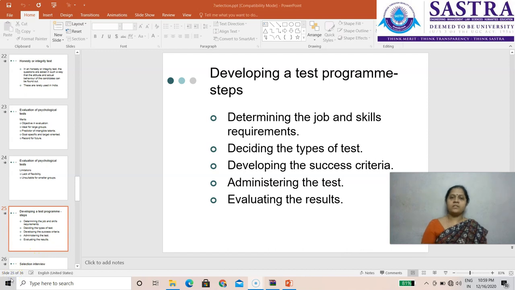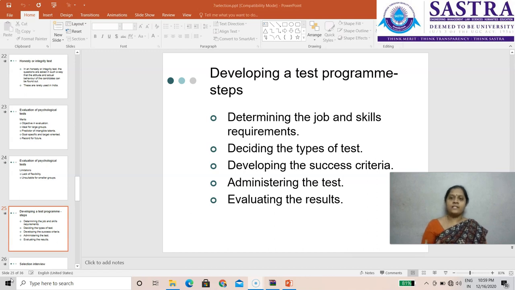After developing the success criteria, administering the test is the next stage. Having decided the human traits to be measured, the type of tests and the success criteria, the next step is to administer the test to the candidate. The candidates may be outsiders seeking employment in the organization, or existing employees looking for promotion.